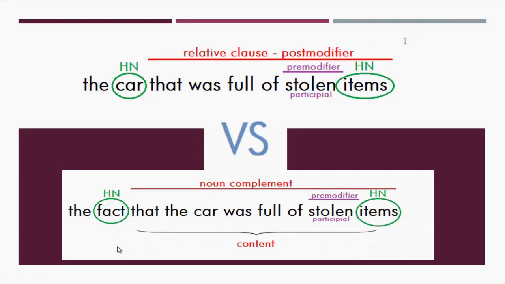That the car was full of stolen items is the fact itself. Please note that in this case, this clause is not a post-modifier. This clause is a noun complement. We're going to see this distinction in detail in the following video.